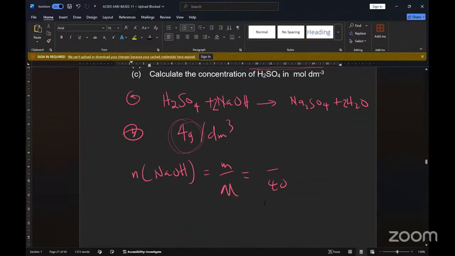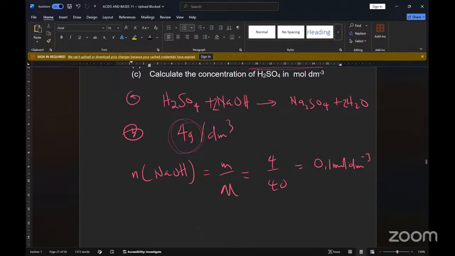So this one is 40, and then your mass is 4. So 4 divided by 40 gives you 0.1. So the concentration is 0.1 mole per dm cube. So that is the second question, B.